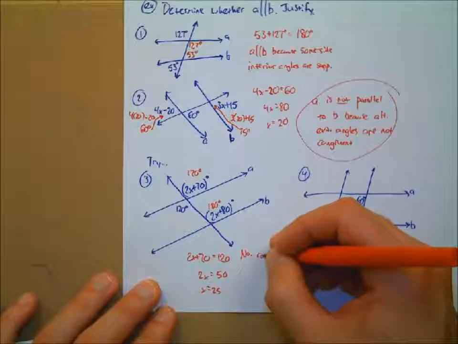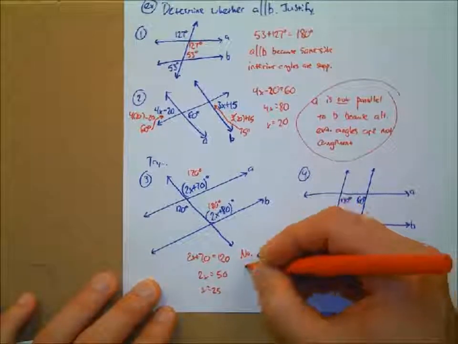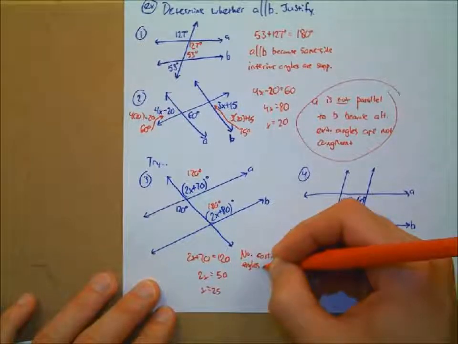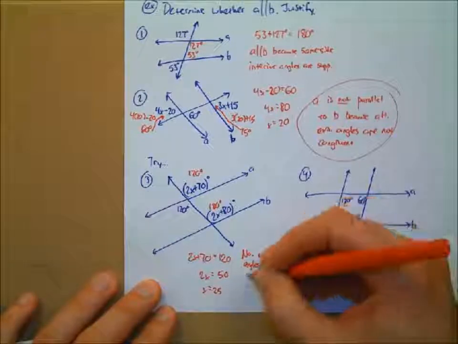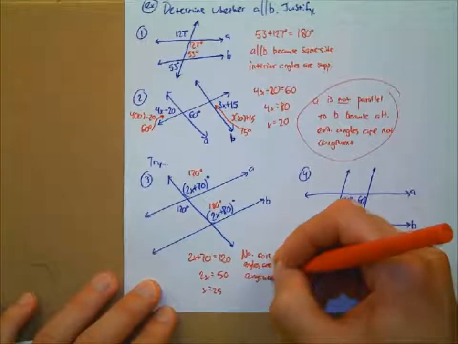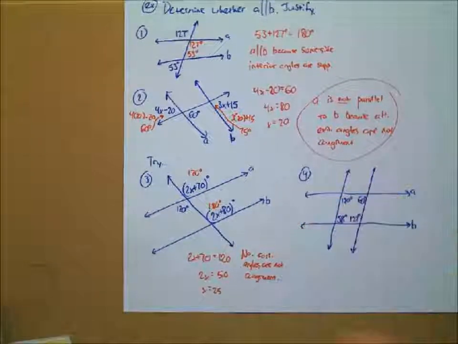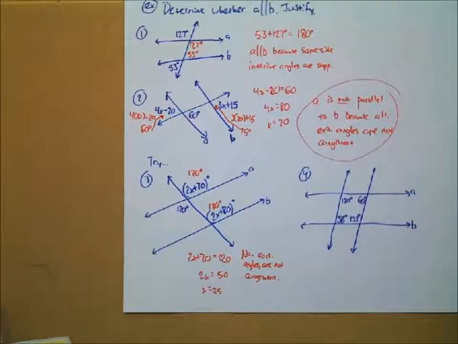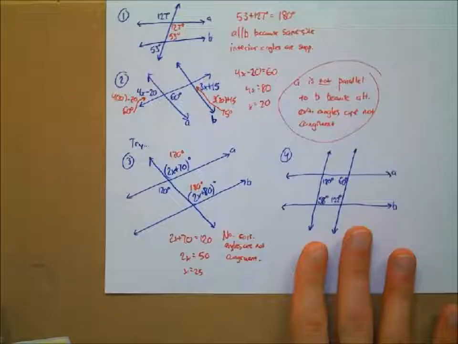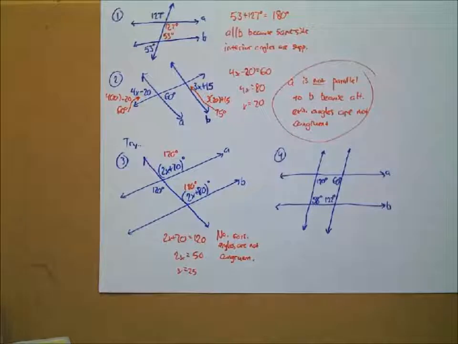You could say corresponding angles are not congruent. Now, when I was walking around, Jake said, Mr. Widd, do we even have to show work here? Jake, why didn't we really even need to show work here? Can you explain that?